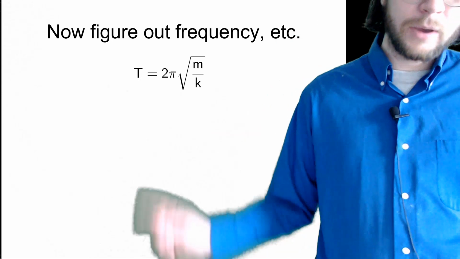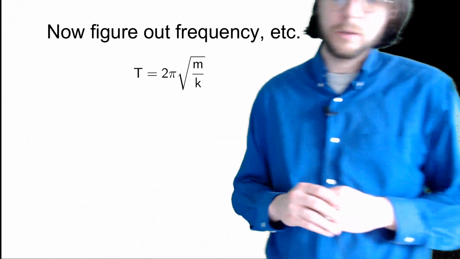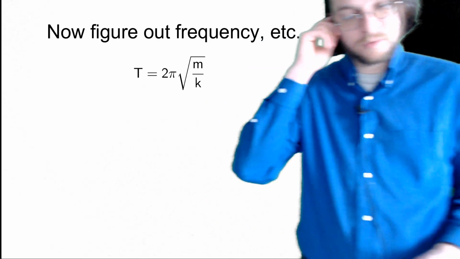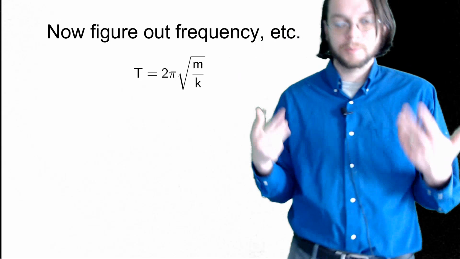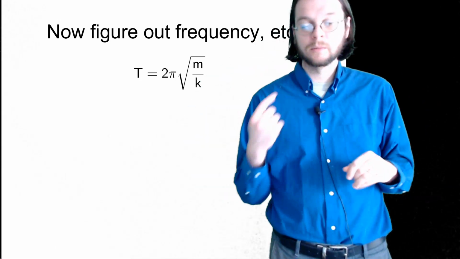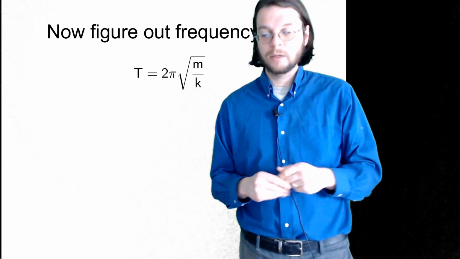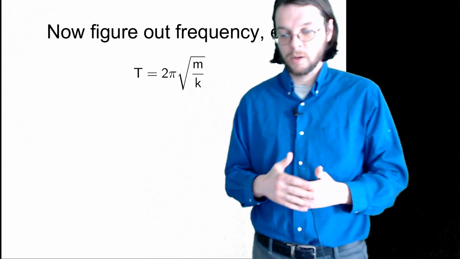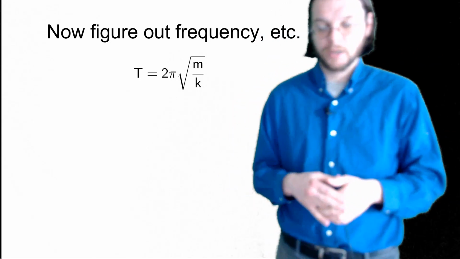So now that we have the period, we need to figure out what the frequency is. If you remember, the period is the number of seconds per cycle, right? How many seconds does it take to make one cycle? Whereas the frequency is the number of cycles per second. And so if the period is very, very small, then it might be multiple cycles per second.